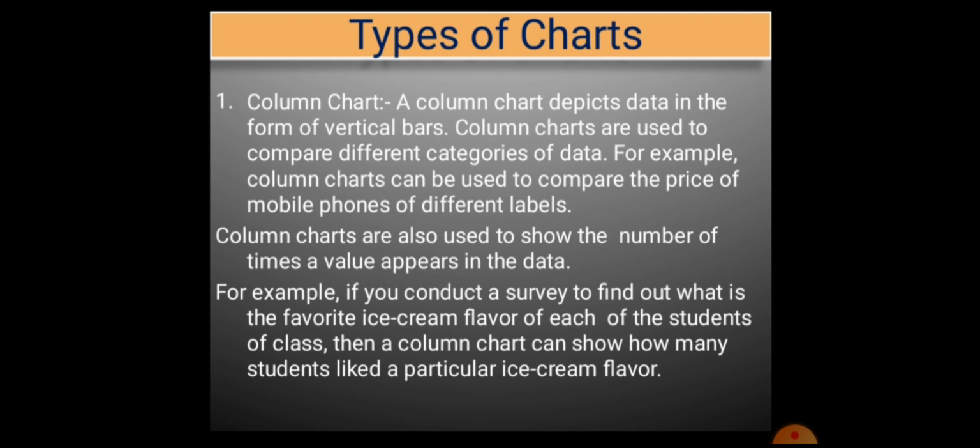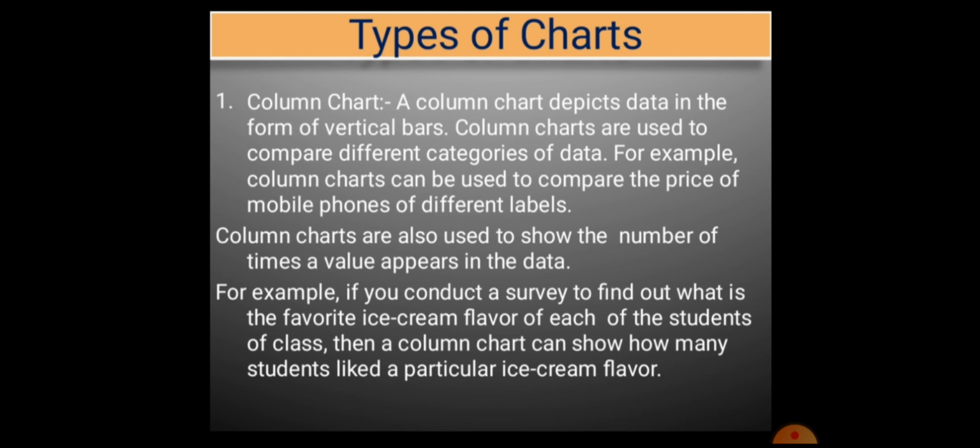So column chart represents data in the form of vertical bars. So these are used to compare different categories of data. For example, we can compare the price of mobile phones of different labels. We can take any kind of example. Column charts are also used to show the number of times a value appears in the data.